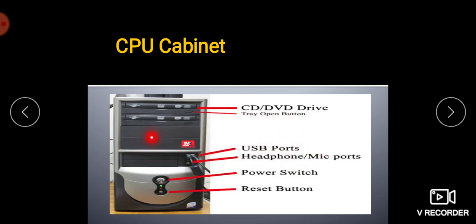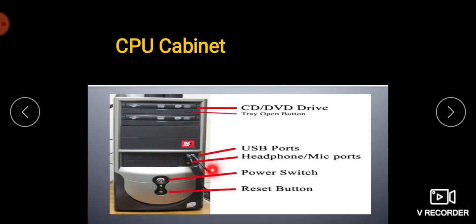Now here you can see USB ports. So we have two USB ports in the front side of the CPU cabinet and two USB ports at the back side of the CPU cabinet. So we can use these USB ports to insert pen drive in our computer.